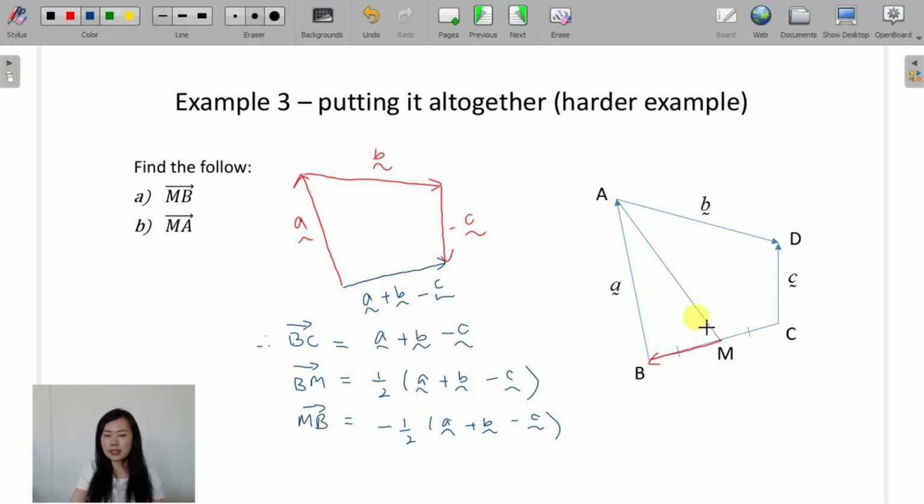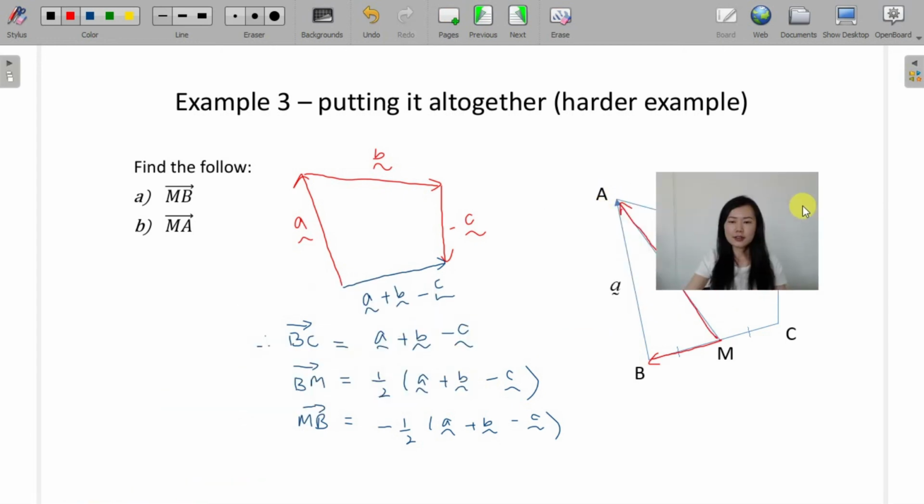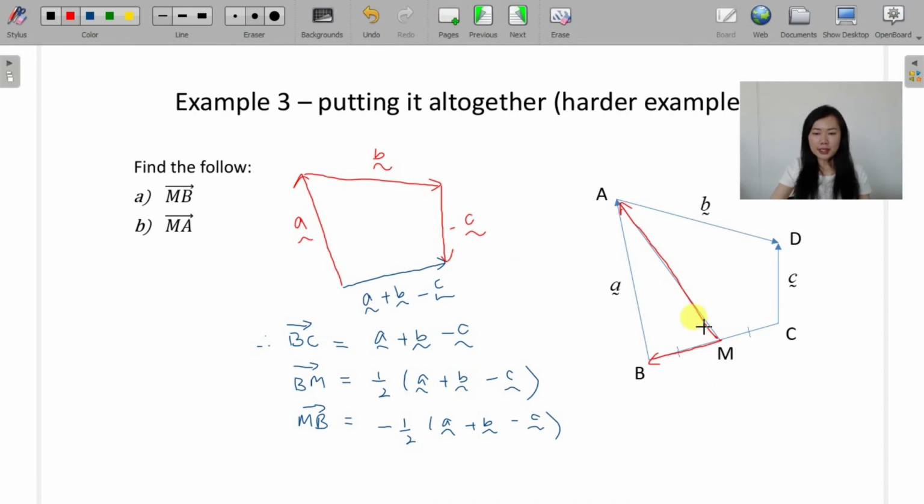MA is this guy over here. And you can see it in this triangle here. See if you can see it.